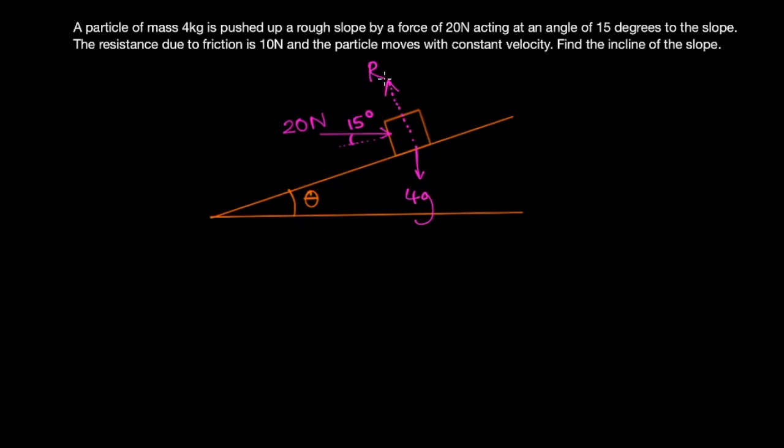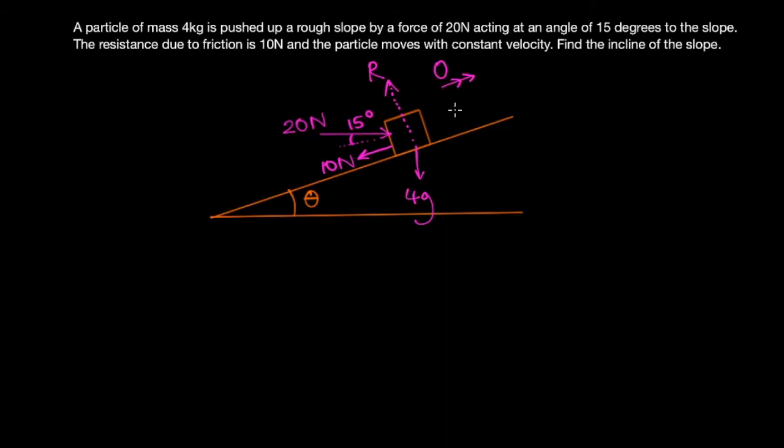We've been told that the resistance due to friction is 10 newtons, and since we know that the particle is being pushed up the slope, then friction has to be acting in the opposite direction, so therefore friction has to be acting down the slope. And finally, since we know that the particle is moving with a constant velocity, then we know that the acceleration of the particle has to be 0.